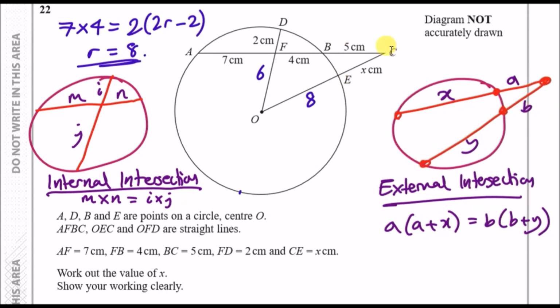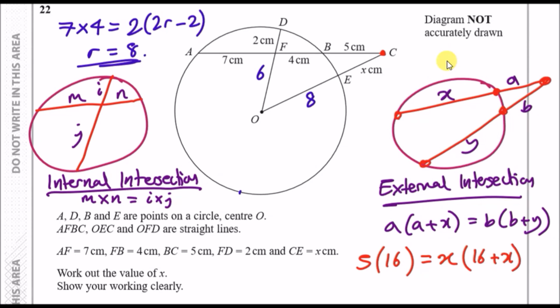Looking over here, we can start at point C. We've got 5 times the whole length, which is 5 plus 4 plus 7, so that's 11, that's 16. 5 times 16 equals B, so B is x. And we're going to multiply that against x plus this radius 8, and if we extend it across, another 8. Because it's a radius, it's a circle. So we've got 8 plus 8, so 16 plus x.